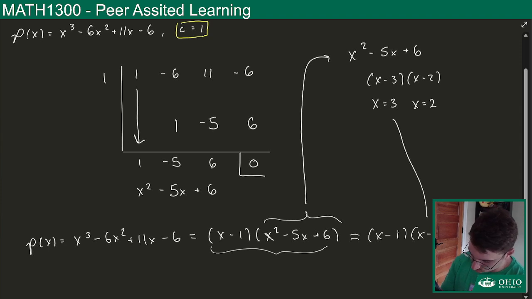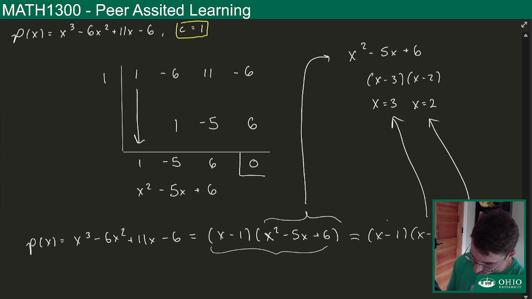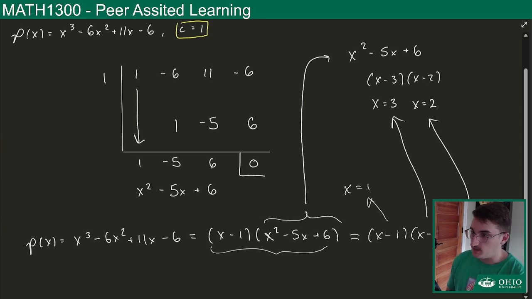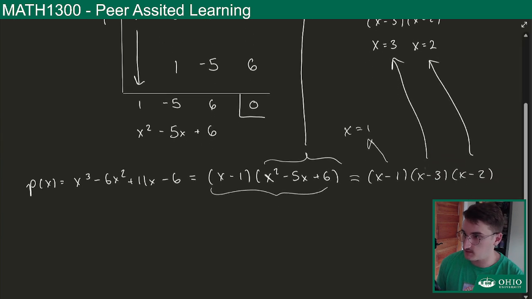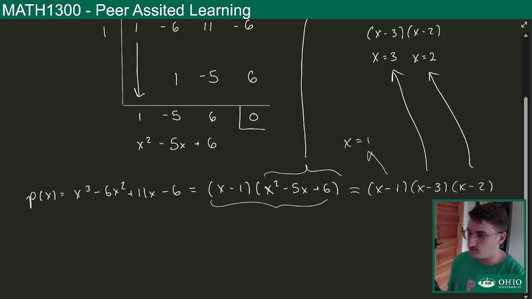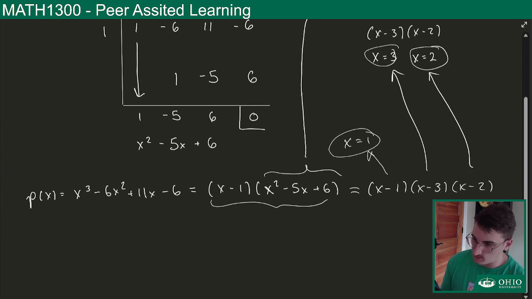And we found 2 zeros from these values, and we already know that this thing gives us x equals 1. And as you can see, we've fully factored our polynomial, and I need to scroll down, my face cam is blocking. But we fully factored the polynomial, and we have found all 3 zeros associated with it.